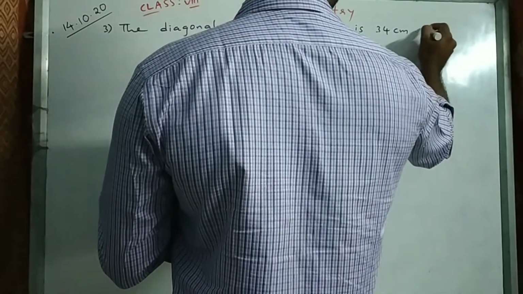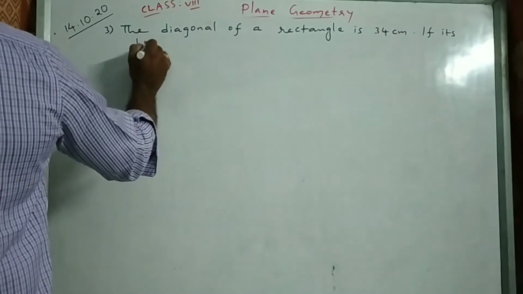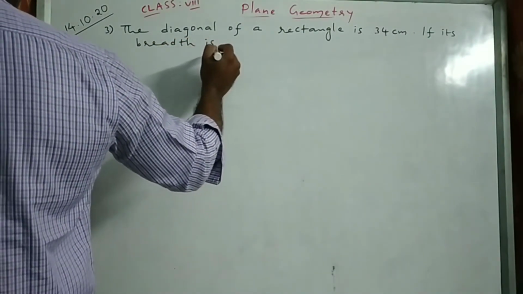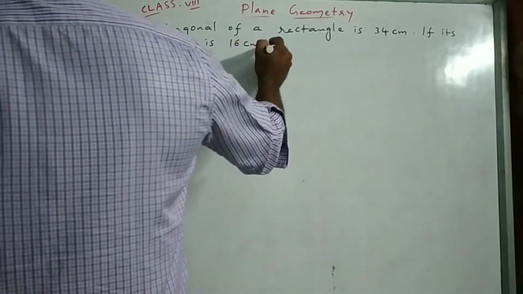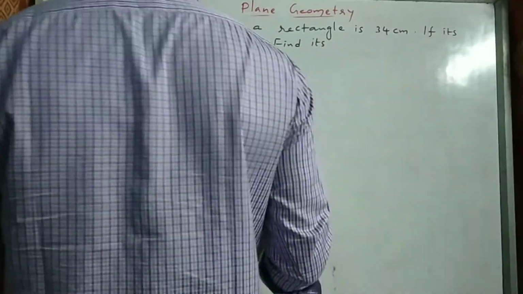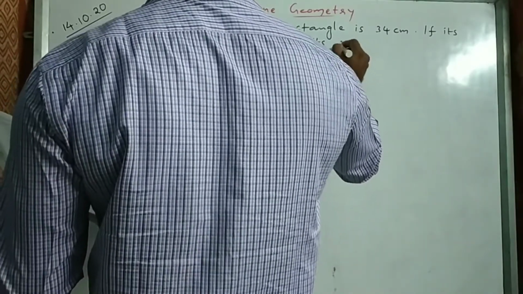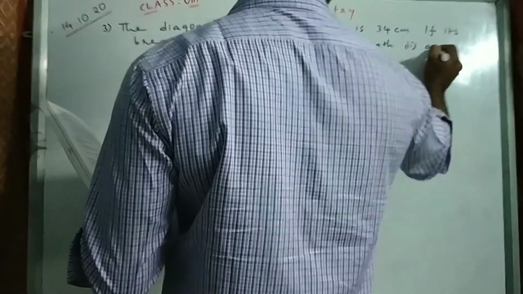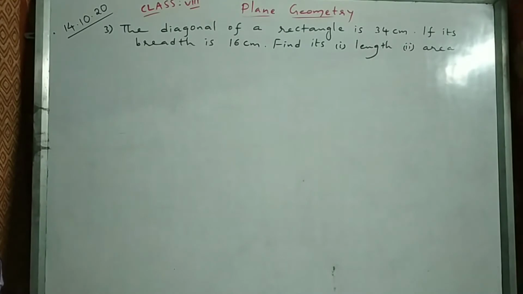If its breadth is 16 cm, find its length and area. Second, area. Find its length and area.